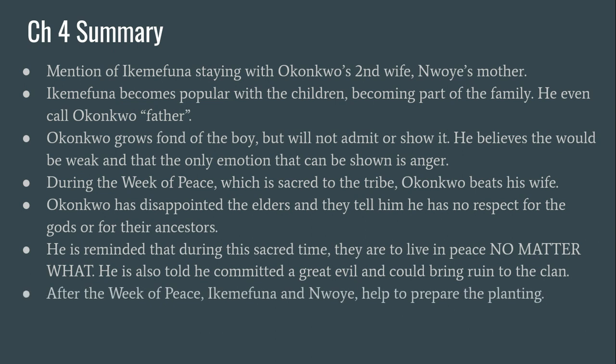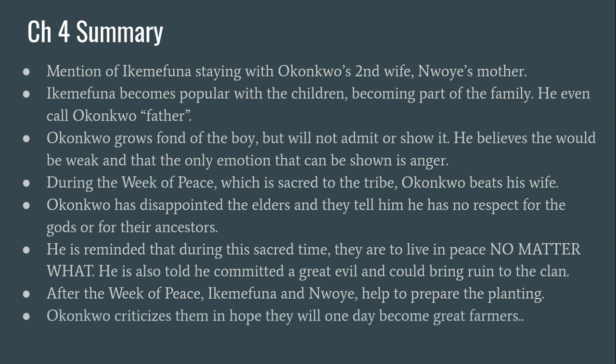So after the week of peace, Ikemefuna and Nwoye help to prepare for the planting season that is coming up, and you'll see more of them getting along, and you'll begin to see the relationship that the two boys have and how he becomes that role model. Okonkwo criticizes the boys not necessarily because they're doing a bad job, but in hopes that he's pushing them to become great farmers one day like he is.